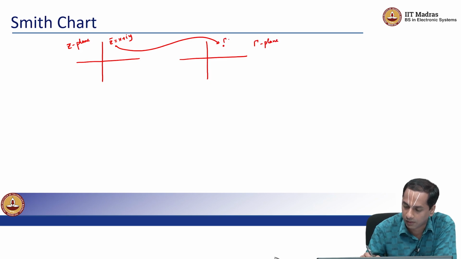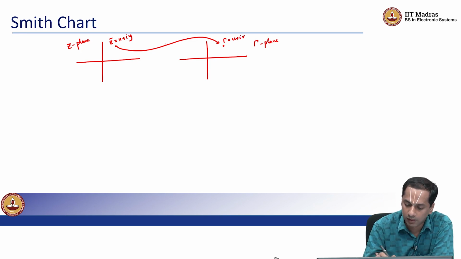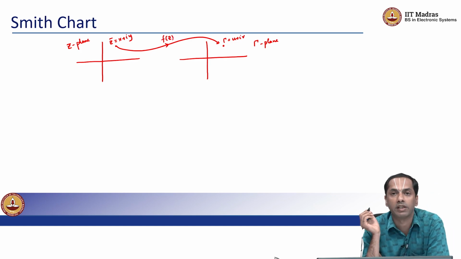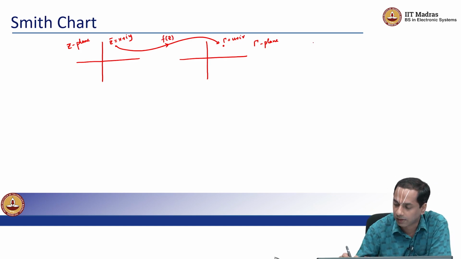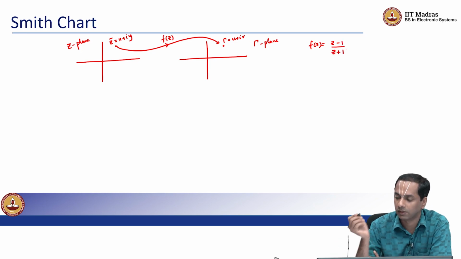Gamma is, say, u plus iv, and the function that takes me from the z plane to the gamma plane is essentially the function that we saw for the reflection coefficient. So I'm just going to say f of z is z minus 1 by z plus 1.